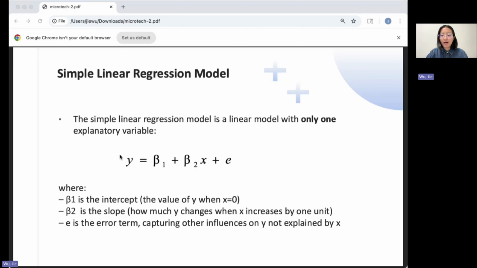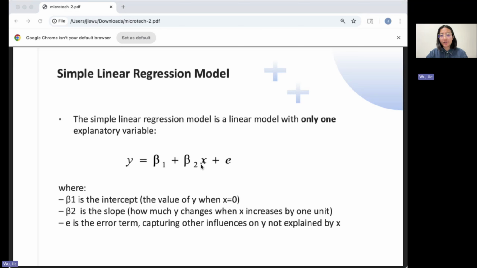In our model, y represents the food expenditure, x the income, and beta 1 we call the intercept, which is equal to the value of y when x equals 0, and beta 2 we call the slope. It shows us how much the spending increases for each additional dollar of income.